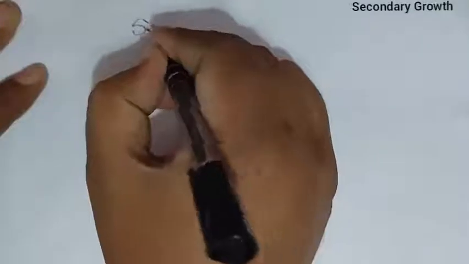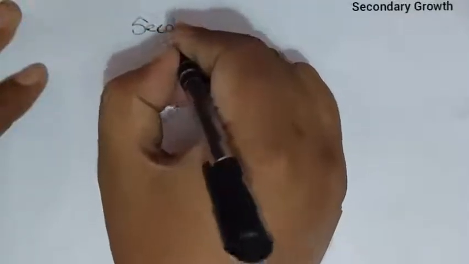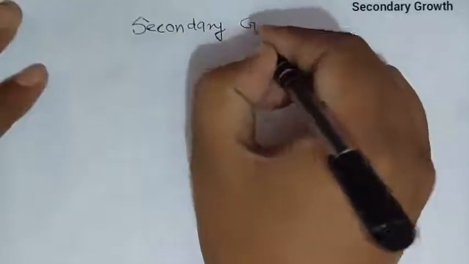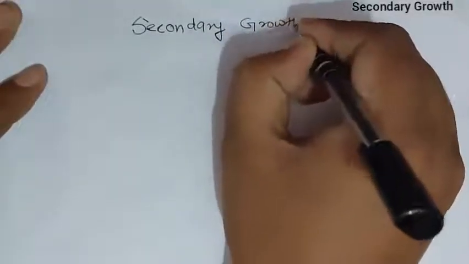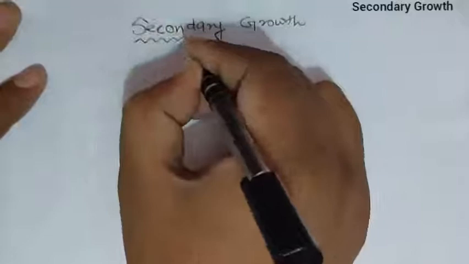Now we start with the next topic of anatomy of flowering plants, that is secondary growth.